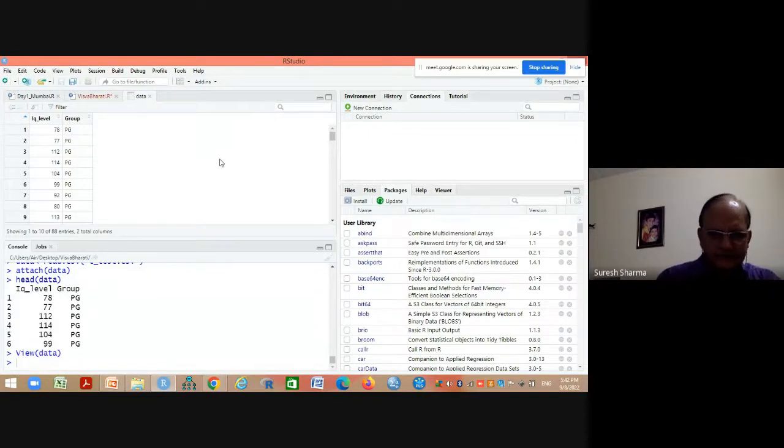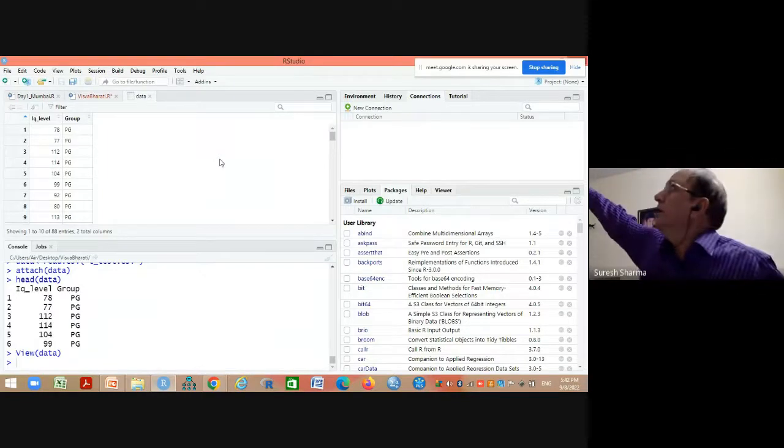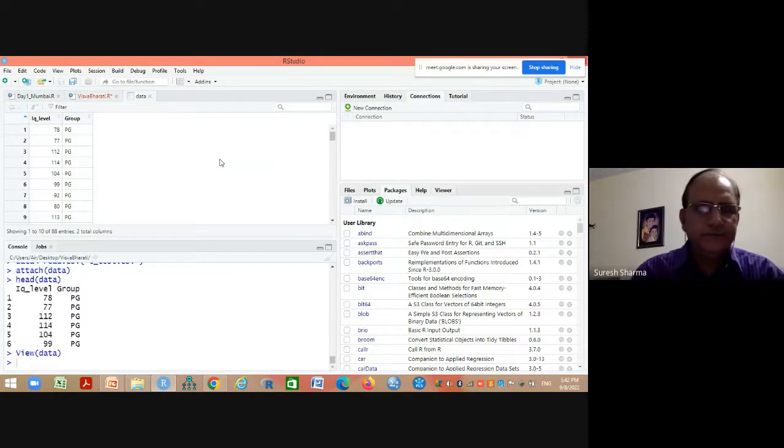There was an industrialist and he wanted to hire people for his industry. There were two types of groups. One, those who have done post-graduation, that's the PG group. The other, those who have not done post-graduation, that is the UG group. All right.